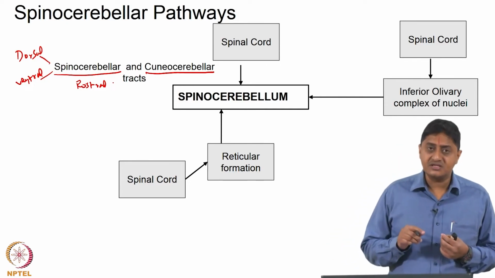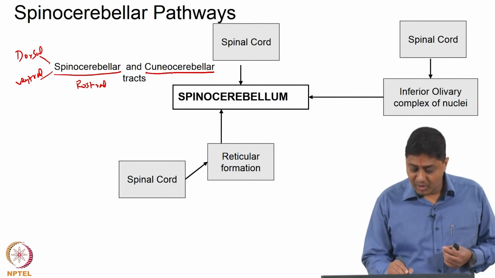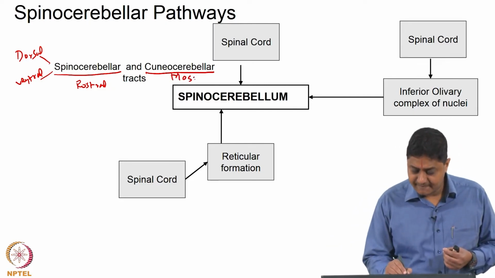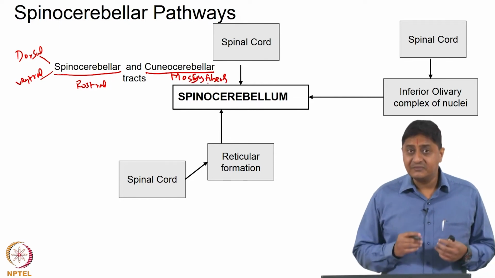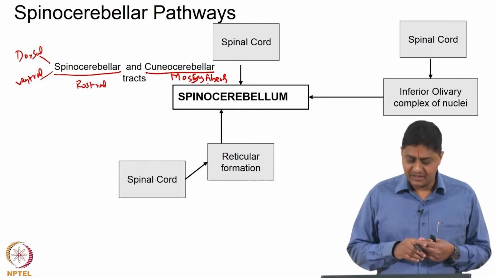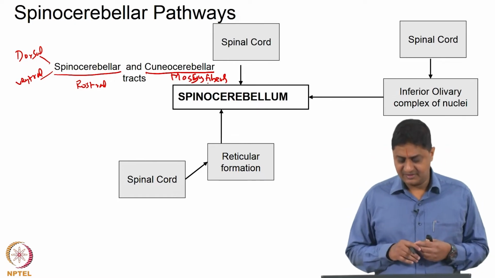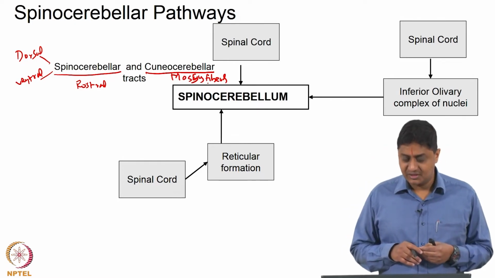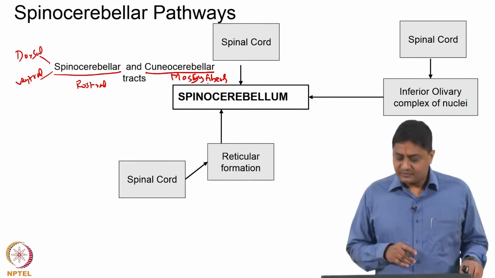So, that means these neurons become mossy fibers and project to the vermal and the intermediate zones in the cerebellum or the spinocerebellum. These are the mossy fibers that project to the spinocerebellum, right.